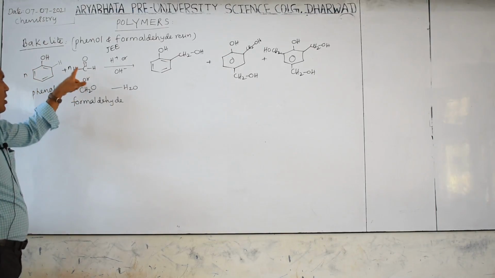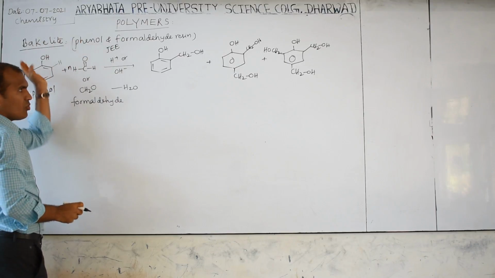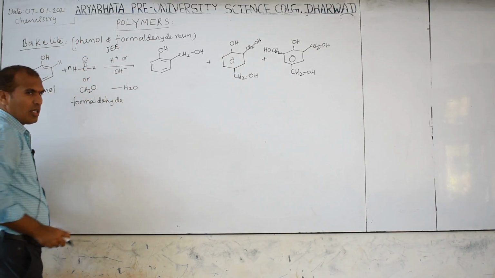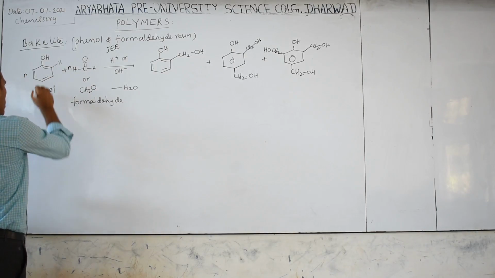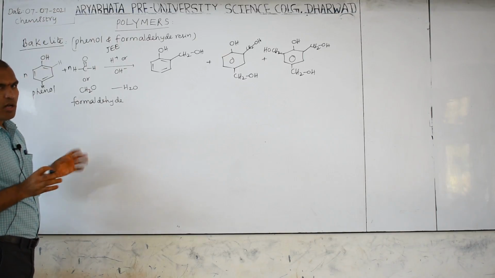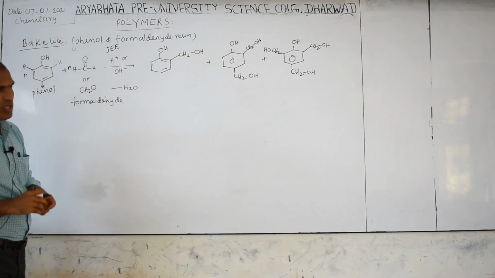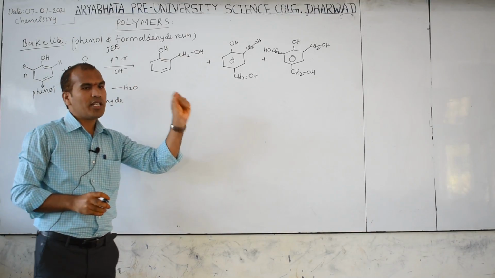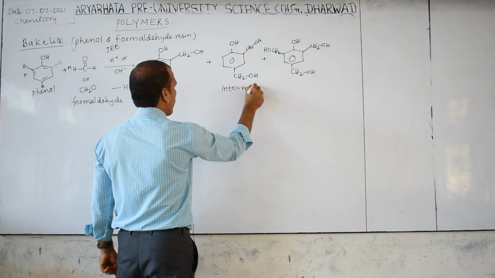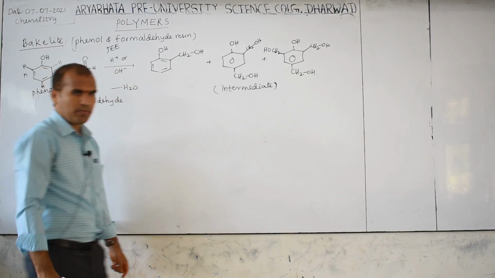Now see, this CH2 is there, this hydrogen and this O convert to CH2OH. The ortho hydrogen may be involved, otherwise the para hydrogen may be involved, otherwise all ortho and para position hydrogens may be involved in the formation of the first intermediate. These are intermediate molecules, any one may form.